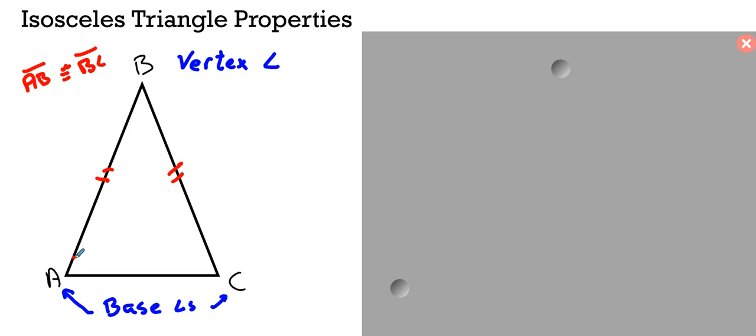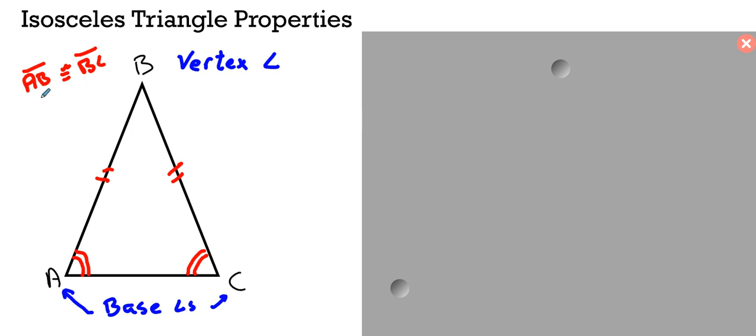When we have an isosceles triangle, base angle C is opposite side AB. When you think opposite, think opens up to. And base angle A is opposite side BC.